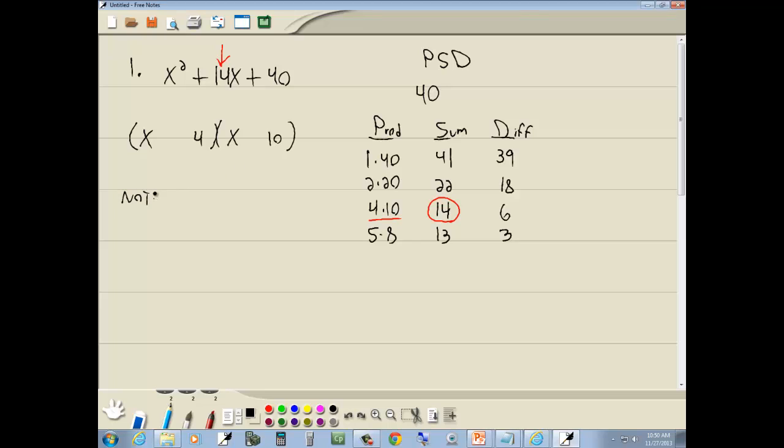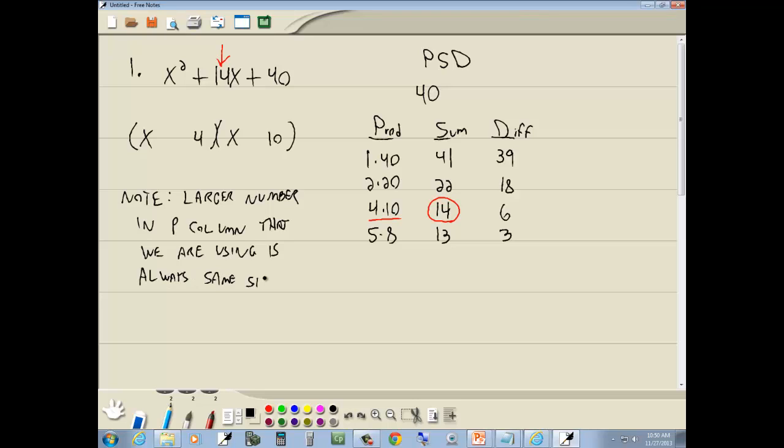Now our note that goes along with this, if you can read my writing, is the larger number in the P column that we are using is always the same sign as the middle term.